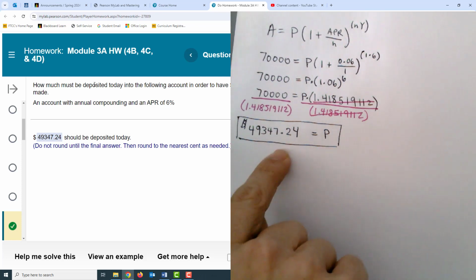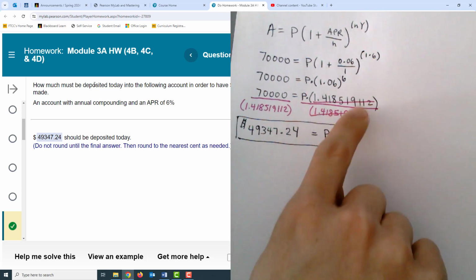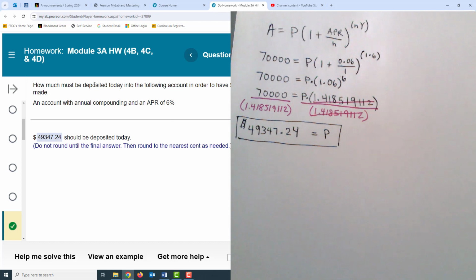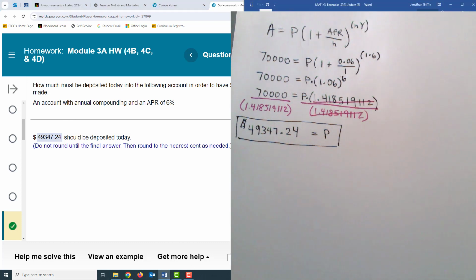I do suggest doing it this way and writing down those long decimals very carefully, because if you look at the formula sheet, some of these formulas are a lot, to put it lightly. So it's very, very important to practice, and I think this is the best way to practice these formulas.